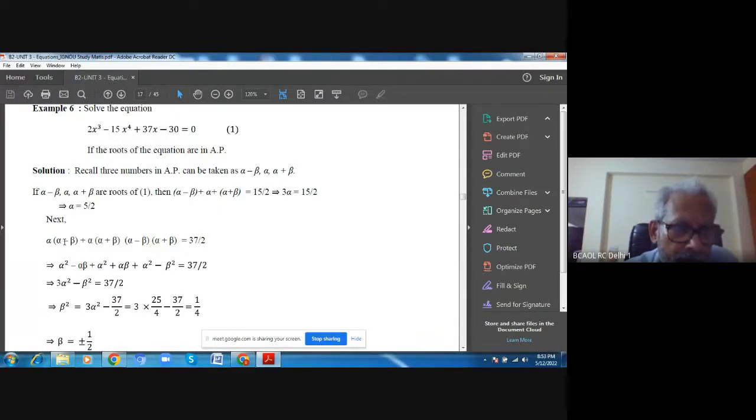That part we can calculate: alpha minus beta times alpha plus beta. This way you can consider this part. All these things are coming 37 by 2, c by a. So it is an AP formation, but we are taking the value in quadratic equation values. This is the c by a root we are considering.